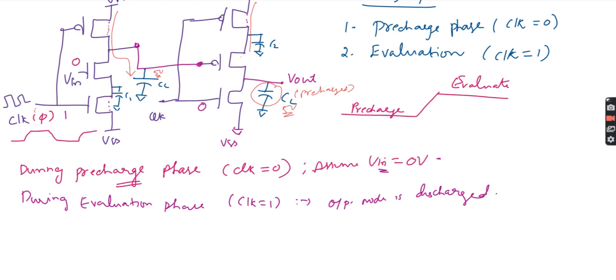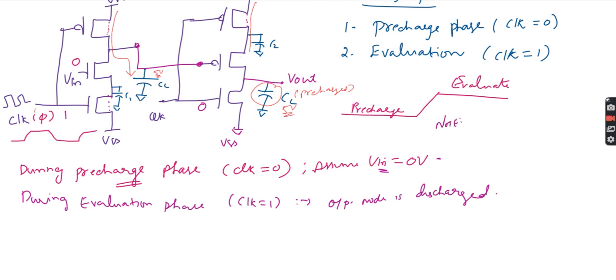During the evaluation phase, even if your input is continuously changing, it will be evaluated only during the evaluation phase. So now when I give 1, this will be on. Already this was pre-charged, meaning initially the capacitor is pre-charged.